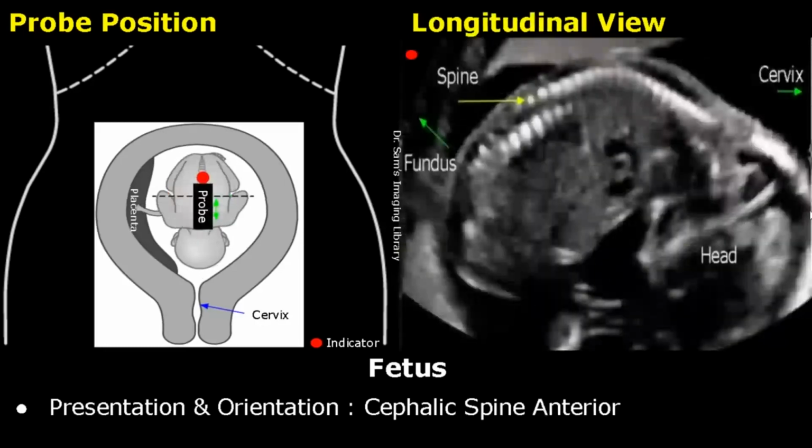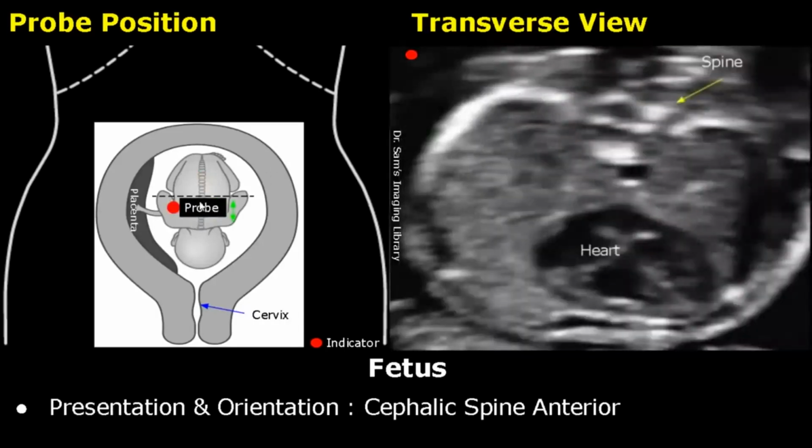Another orientation is cephalic spine anterior. By placing the probe in this longitudinal orientation, we will get this image. The spine is seen at the top of the image. Now we can examine each section in transverse view.